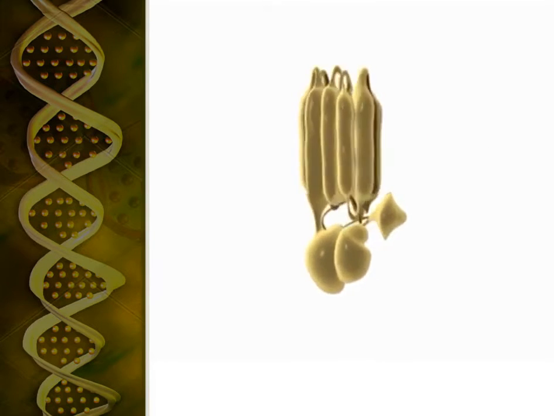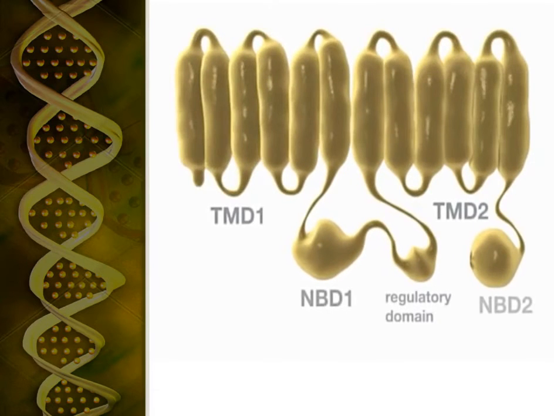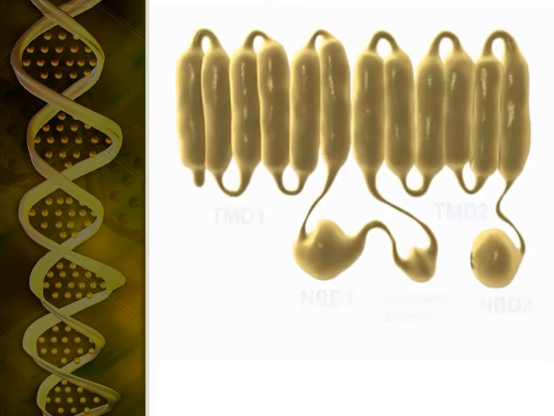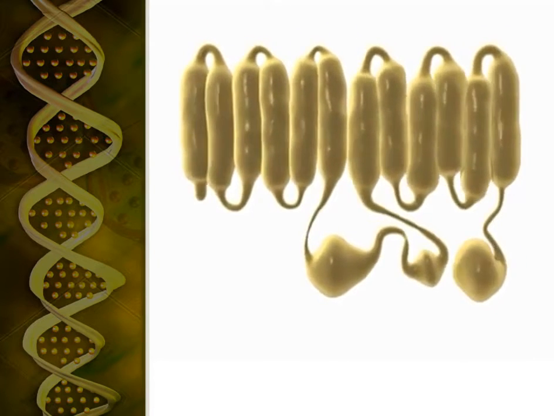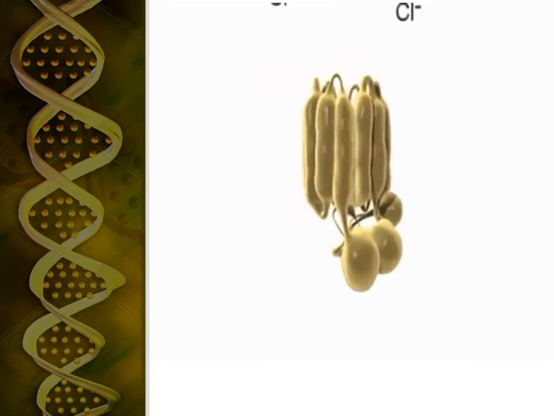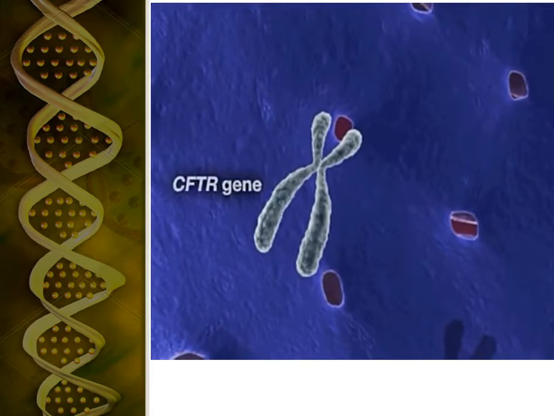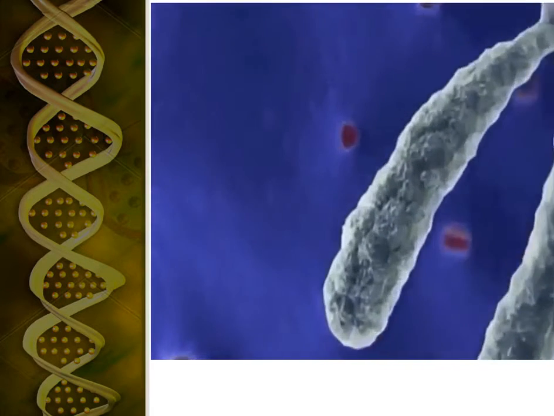The movement or conductance of chloride across the CFTR protein requires phosphorylation of the regulatory domain. In addition, binding and hydrolysis of ATP are required for the opening and closing of the CFTR channel. This process is also known as gating of CFTR. The CFTR gene is located on the long arm of chromosome 7.